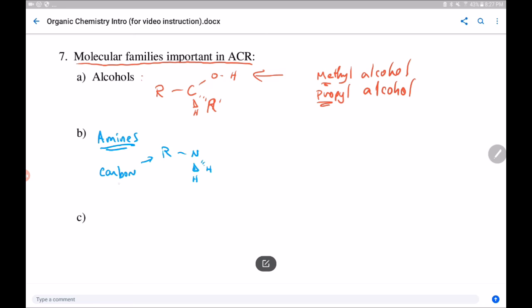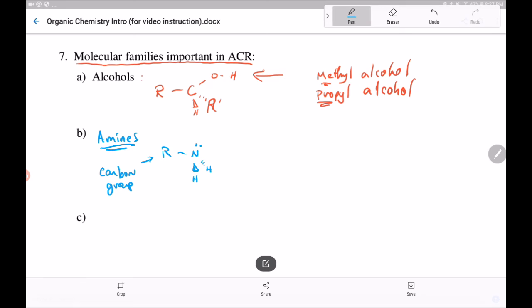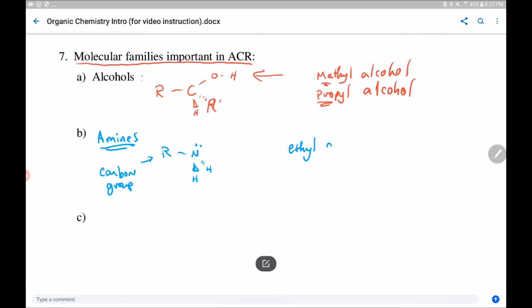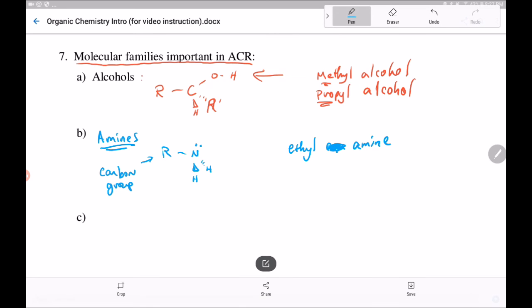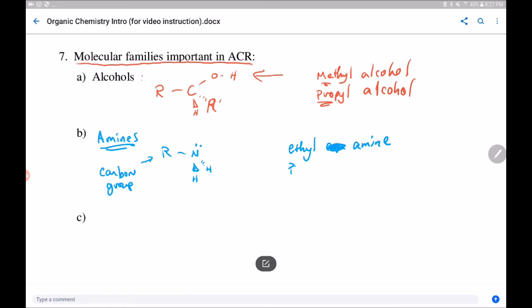We're talking about organic molecules. And now we have an amine. We could have ethylamine if the carbon group were 2 carbons. If the carbon group was 5 carbons, we have pentylamine.